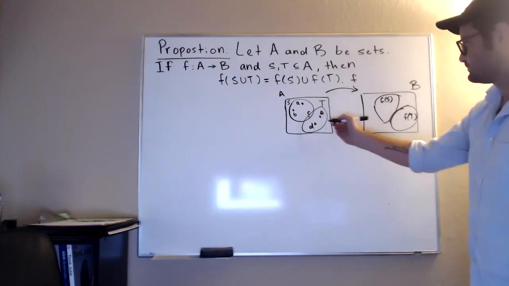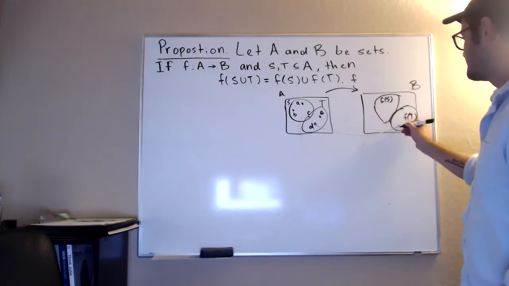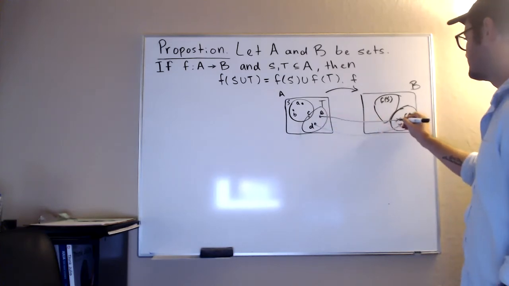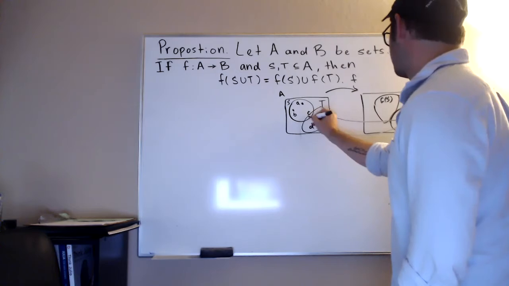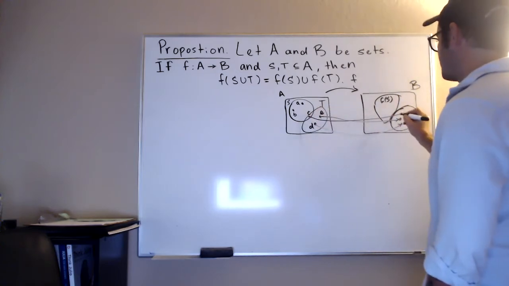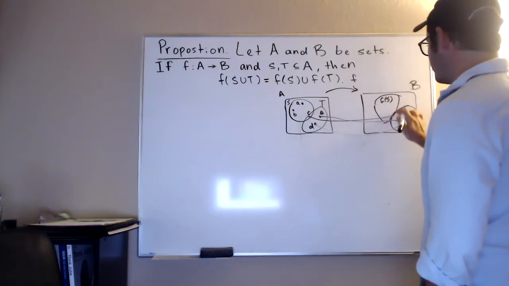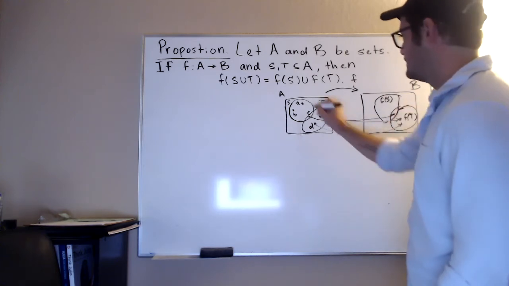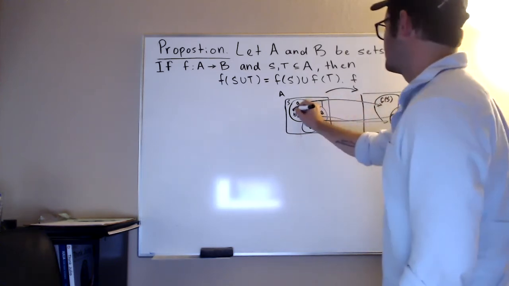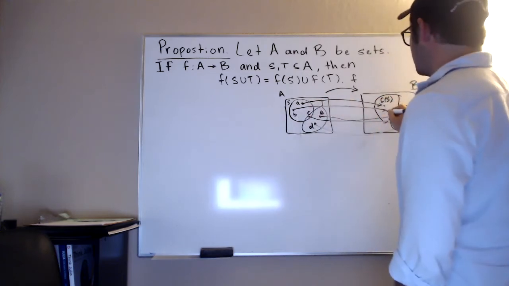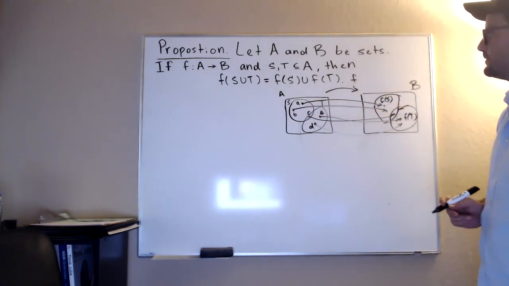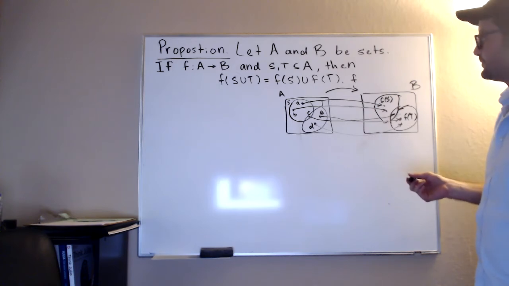So these points get sent in here. That's going to have to overlap a little bit. And then these points get sent over here. Okay. So does this make sense?